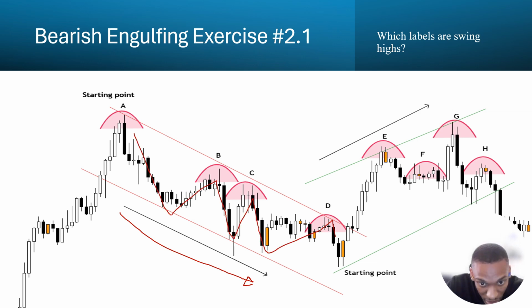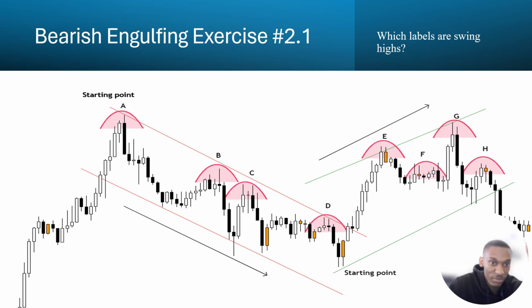See this bearish movement. In a bearish movement, the starting point is here, the end point is here. Which ones are swing highs, guys? Of course, A is a swing high, B is a swing high, retracement, impulse. C, swing high, impulse.